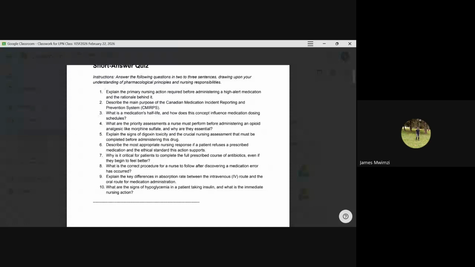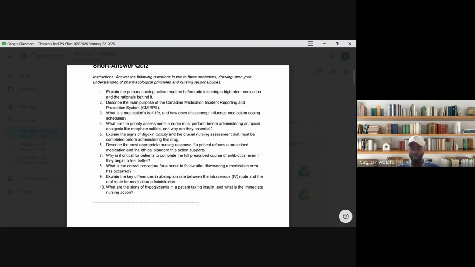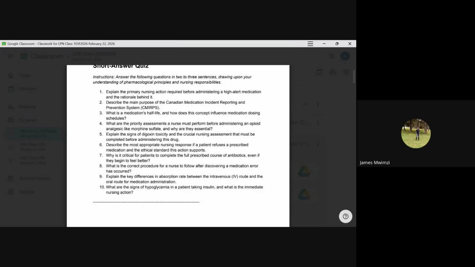You said something to do with the halo sign. Yes, the patient will report seeing halos around light. And then on the nursing assessment, it is trying to establish the baseline, like the heart rate for the patient before administration of the drug.